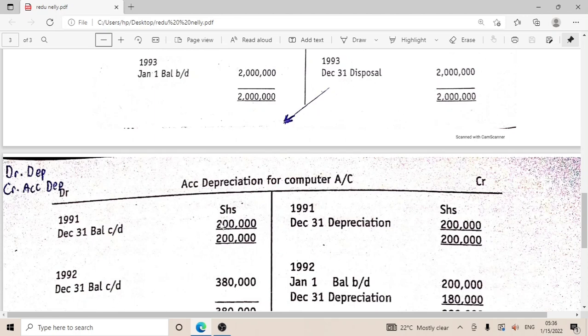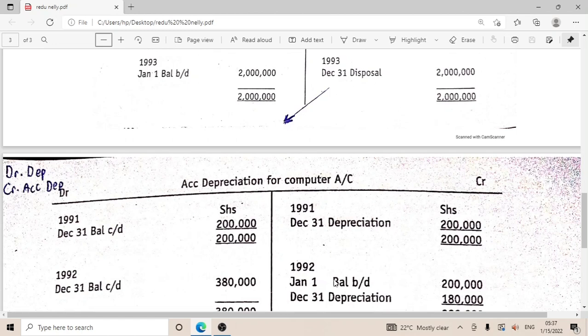Remember, things on the credit side, like liabilities and incomes, have a normal credit balance carried down, and then a normal credit balance brought forward.